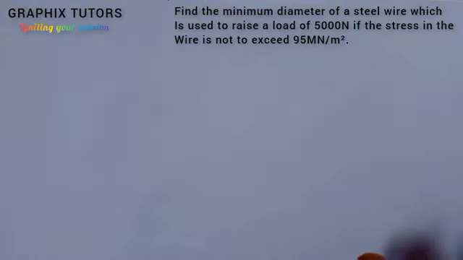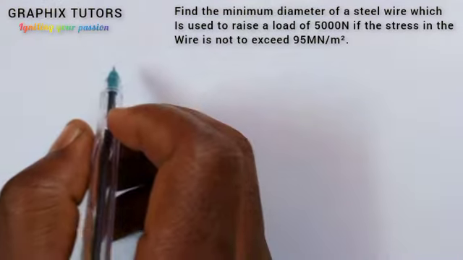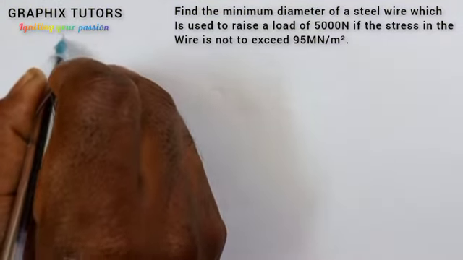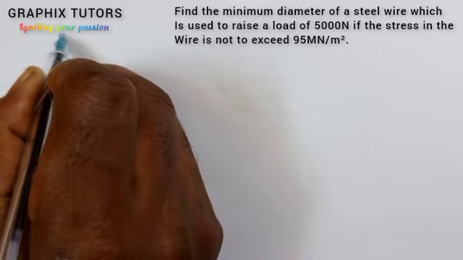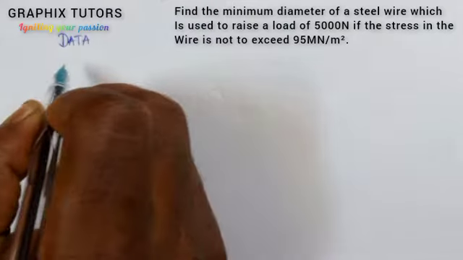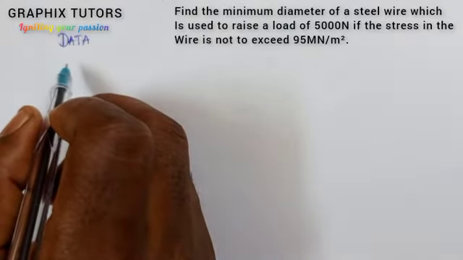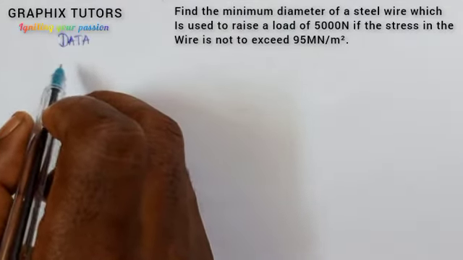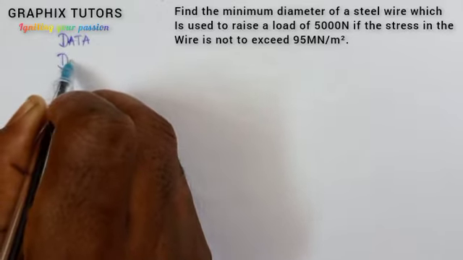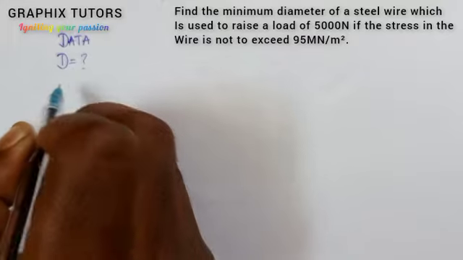So in questions like this, the first thing you have to do is to write out your parameters. Now we have the data given. It says the minimum diameter. That means we're looking for diameter D, which we don't know.